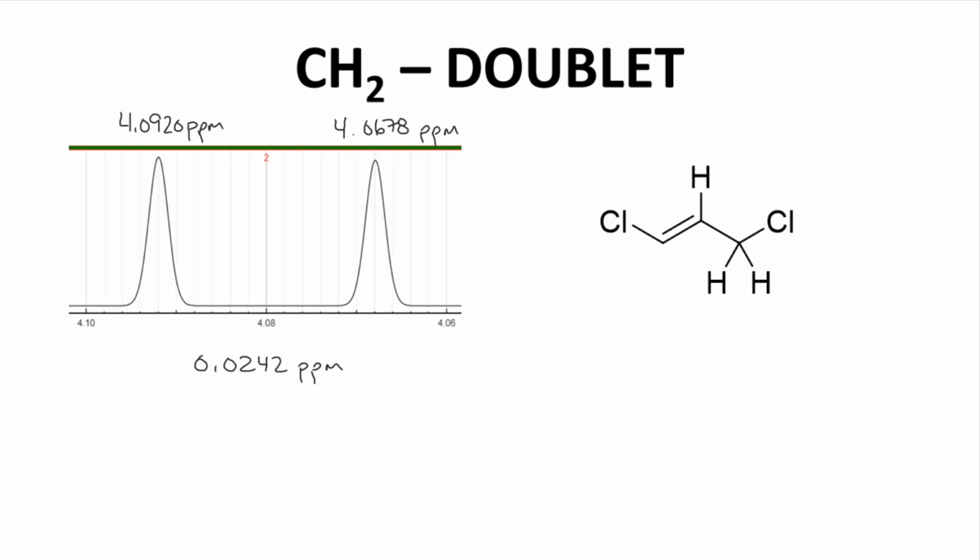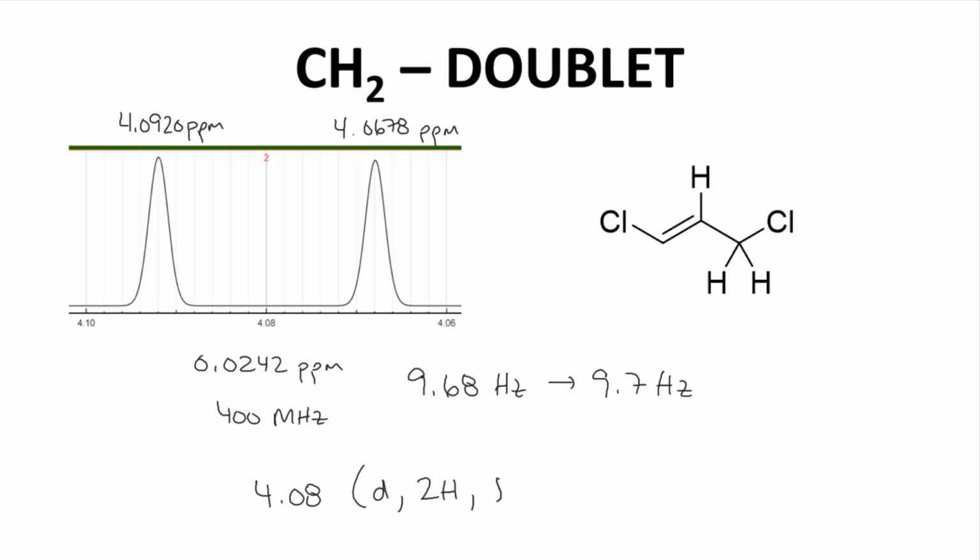The simulated spectrum is at 400 megahertz. So 0.0242 ppm times 400 million divided by 1 million equals about 9.68 hertz. Round it to 9.7 hertz. So the peak is centered at 4.08 ppm, doublet, 2 hydrogens, J equals 9.7 hertz.